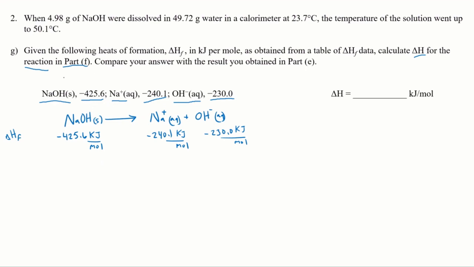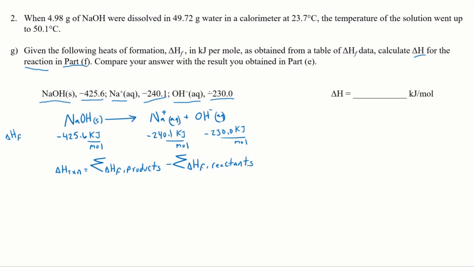Okay, now we're asked to find what the delta H for the reaction is. Well, delta H for the reaction is equal to the sum of the delta H of formation for all the products minus the sum of all the delta H of formation of the reactants.